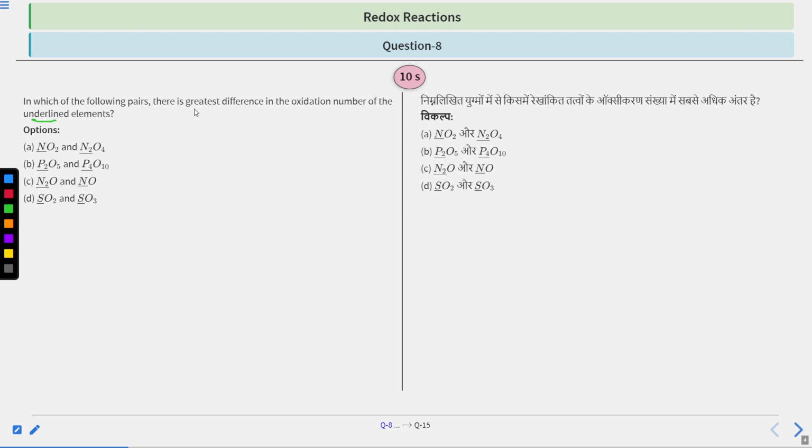We have to tell in which option there is a greater difference in the oxidation numbers between the underlined elements. The options are NO2 and N2O4, P2O5 and P4O10, N2O and NO, or SO2 and SO3.